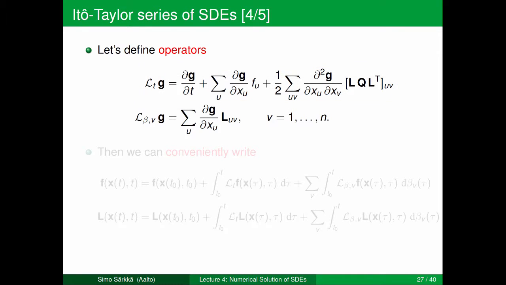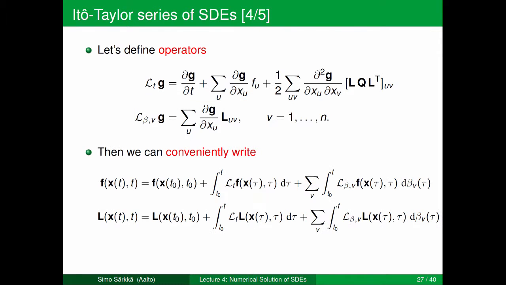So this is the same as our original operator, but we have the second order term there as well. It's also useful to define another operator, L_β,v, which is the partial derivatives with respect to x_u times L_uv, summed over u.